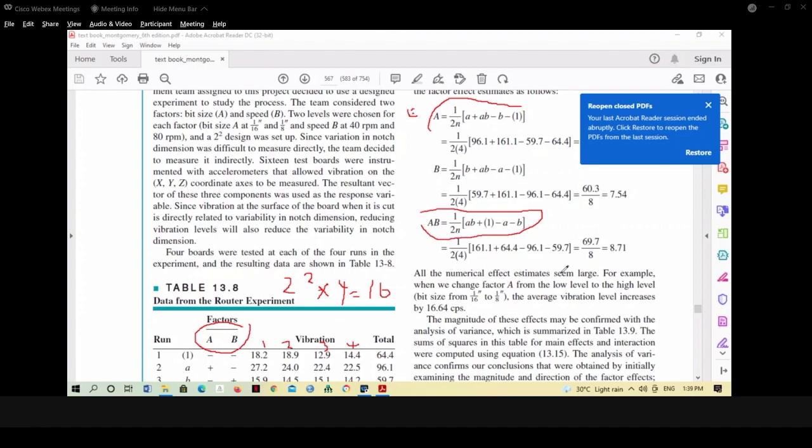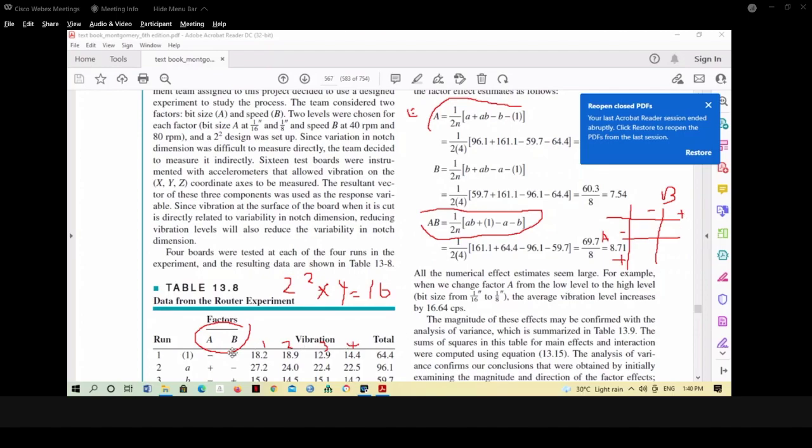To use graphical analysis, you must do it like this: you have A, low level and high level, and B, low level and high level.